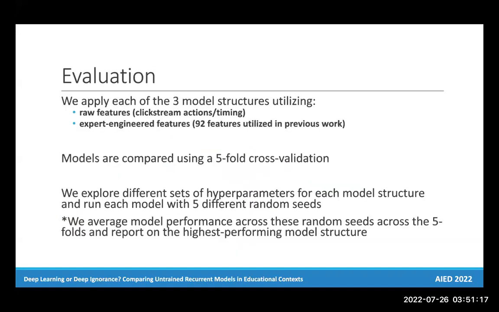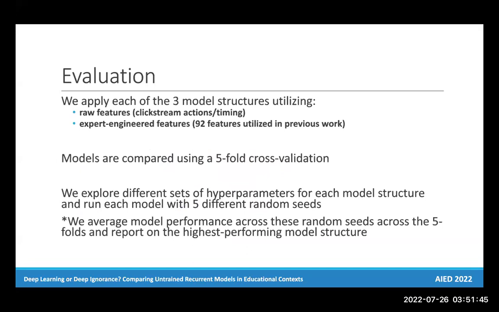In terms of evaluation, what we did is we took each of these three models. We looked at the raw features and the expert engineered features as two different feature sets, and we compared this within a 5-fold cross-validation. But I will note that we're exploring different sets of hyperparameters for each model structure, so I'm going to be reporting the best performing model that was generated for each of these.